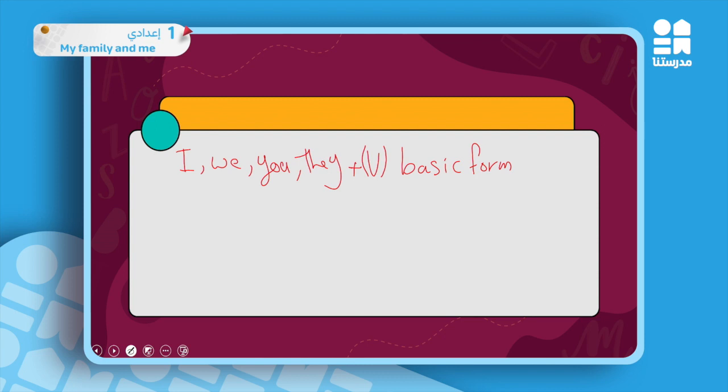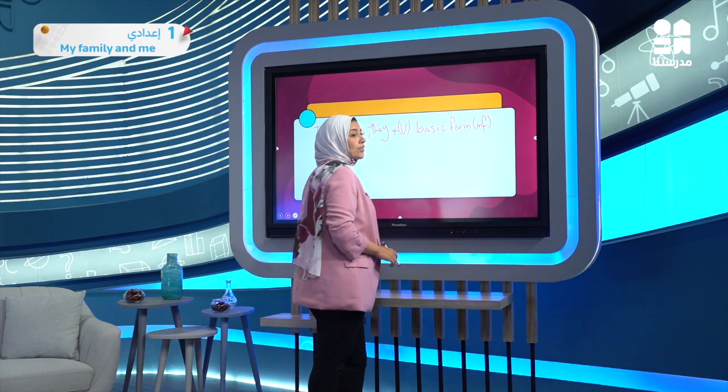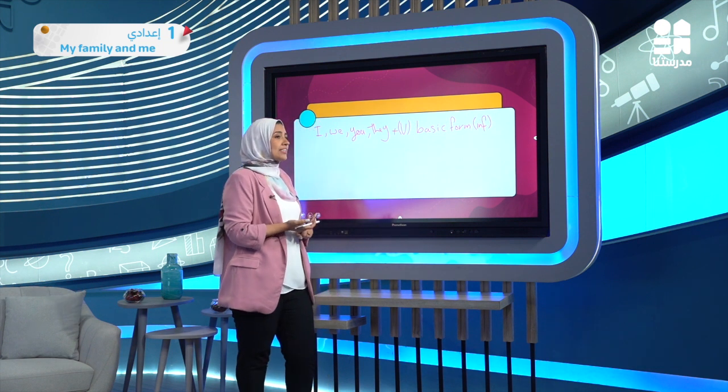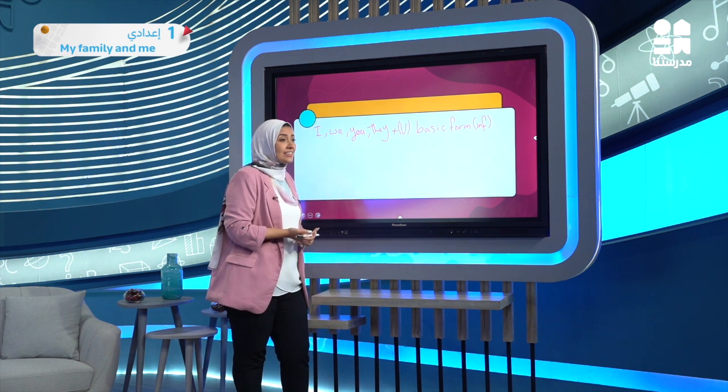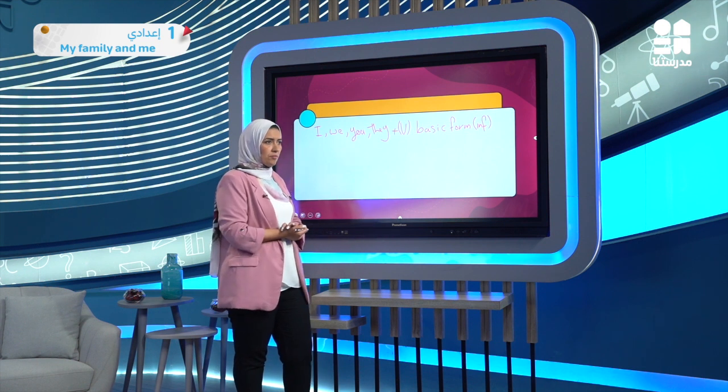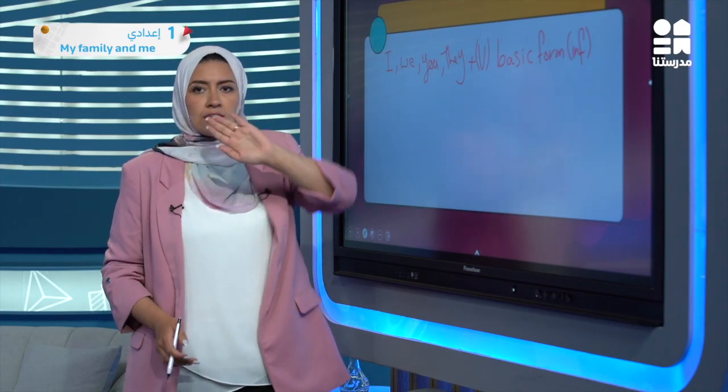What does the basic form mean? The infinitive, without adding anything: without adding ing, without adding s, es or anything. As it is.